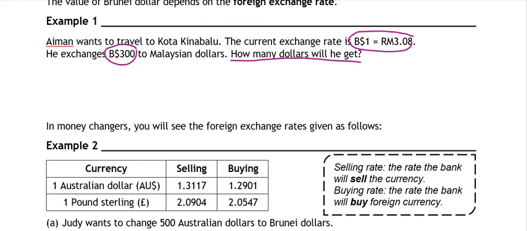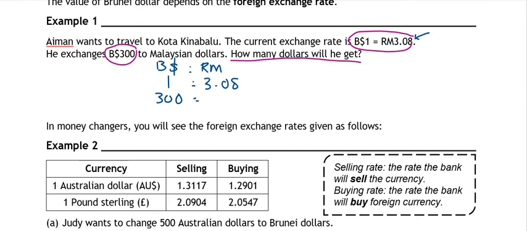So we will use the Brunei dollar to Ringgit Malaysia ratio. You know that 1 Brunei dollar is $3.08 Ringgit Malaysia. What if you have 300 Brunei dollar?